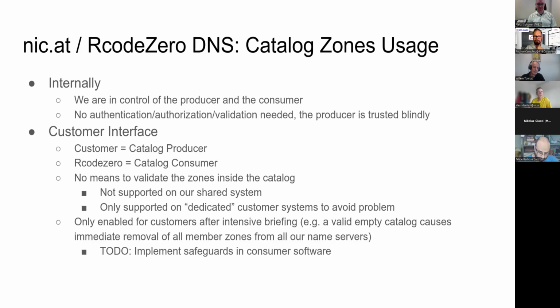And in the long term, I think somebody had the idea that the consumer can send a notify or whatever kind of DNS message back to signal the error somehow. That sounds funny, but I don't think it will be implemented that fast.